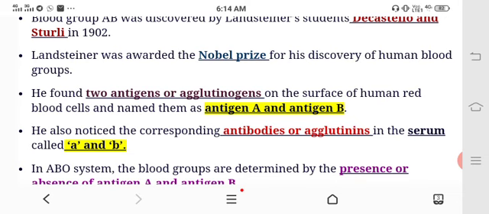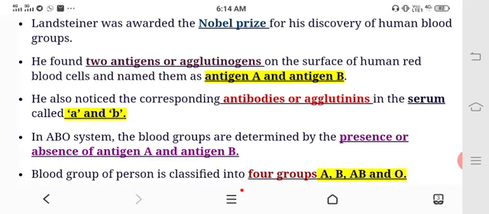In the ABO system, the blood groups are determined by the presence or the absence of antigen A and antigen B. Listen here.